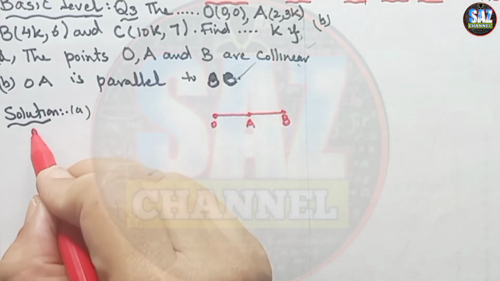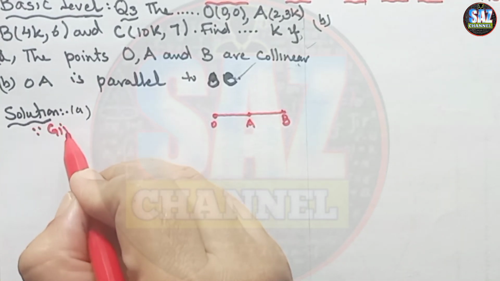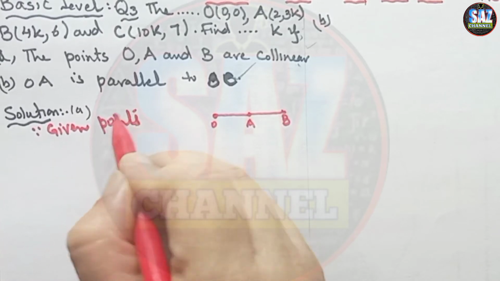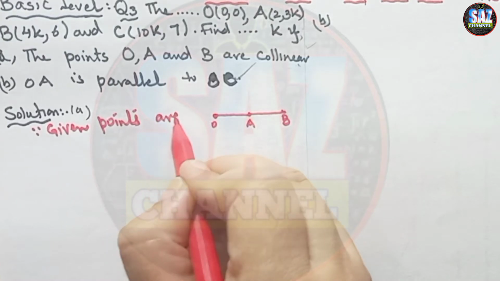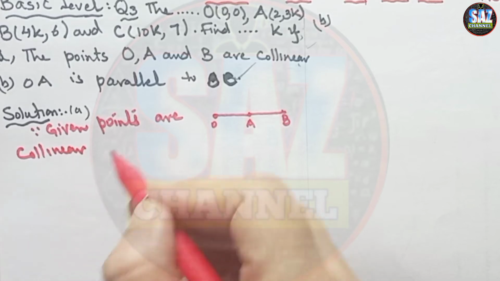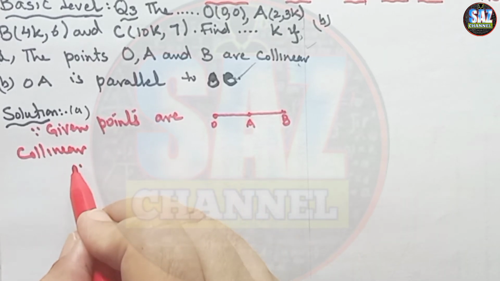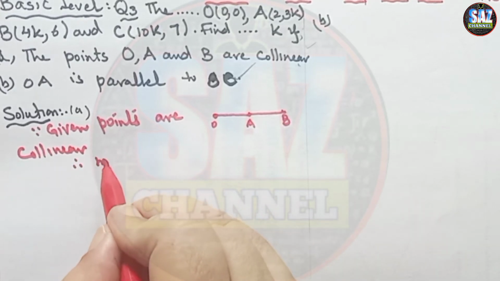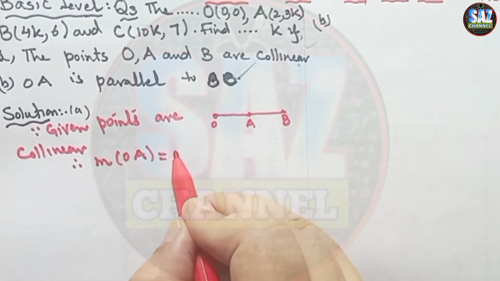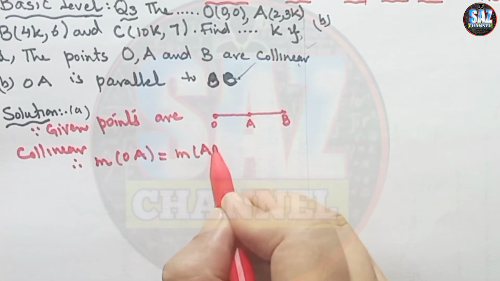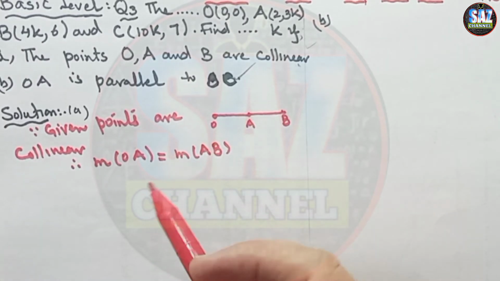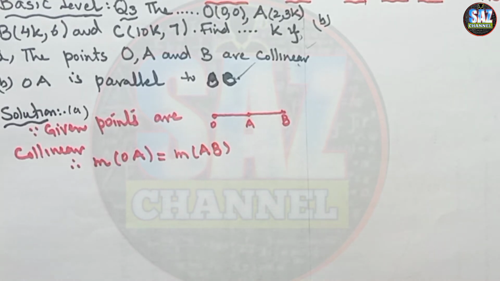Because the given points are collinear, the gradient of OA will be equal to the gradient of AB. This is the condition for 3 points to be collinear.